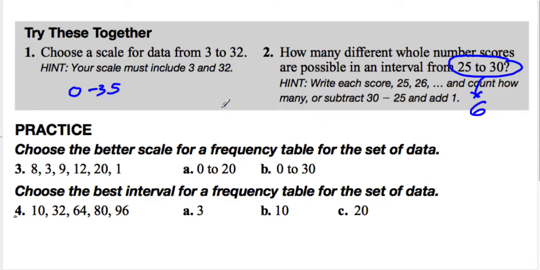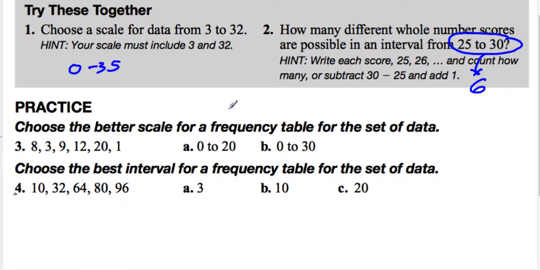Okay, let's look at the practice. Again, do this on your own first: pause the video, do this on your own, and then click play again. Choose a better scale for the frequency table for the set of data: 1, 3, 8, 9, 12, and 20.